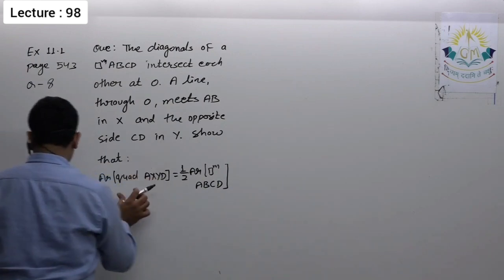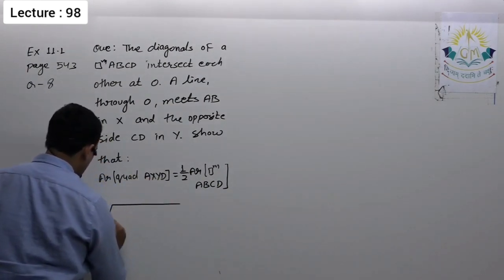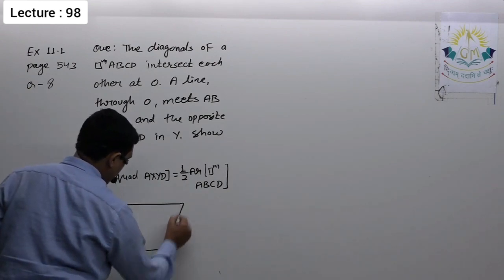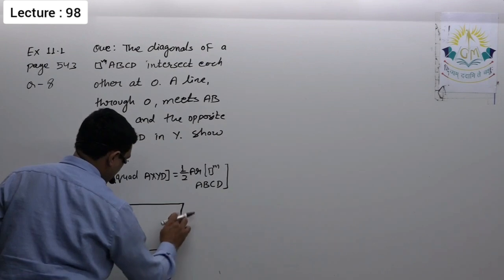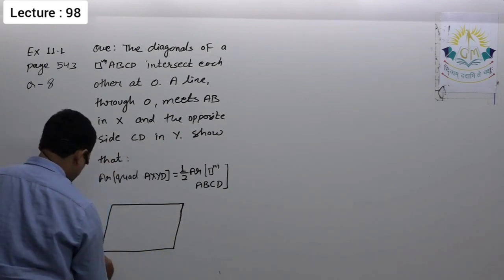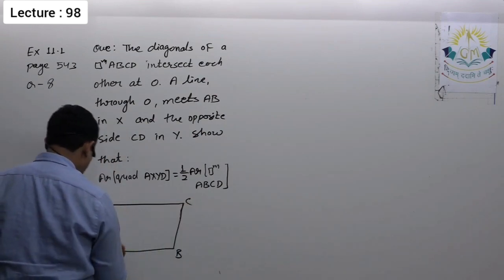Okay, that you have to prove. The diagram is given over here. This is the parallelogram ABCD which is given in this way.